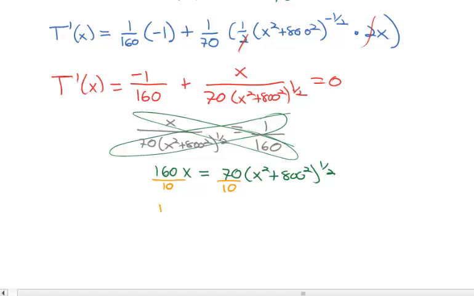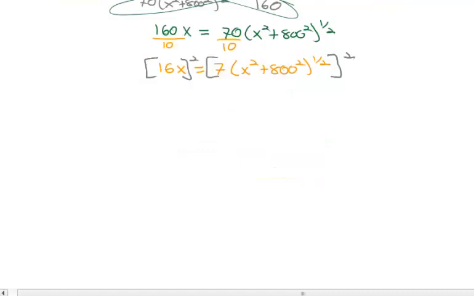We don't have to do this step. We'd get the same answer either way, but this will just make the numbers more manageable. 16x equals 7 times x squared plus 800 squared to the 1/2. And then, still in the spirit of making it easier to work with, let's go ahead and square both sides. Get rid of that 1/2 exponent.